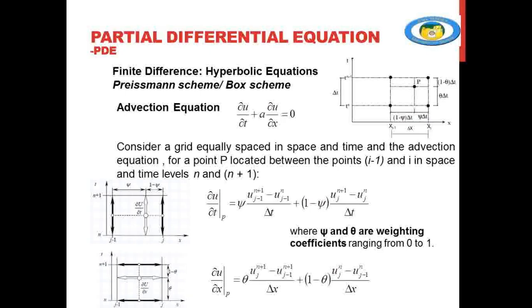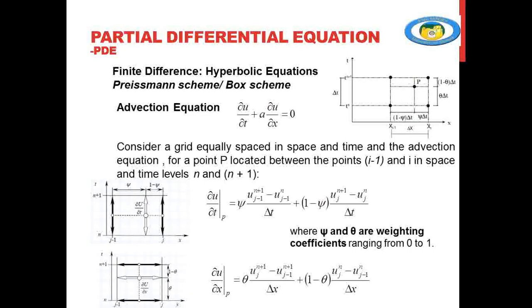Whereas for the temporal derivatives, it's going to be calculated at j minus 1 and j again, but since it's the temporal derivatives at the n plus 1 and n time, it's going to be weighted. For the temporal derivative, the weight is going to be psi, and for the spatial derivative, the weight is going to be theta. So these weights are going to range from 0 to 1.